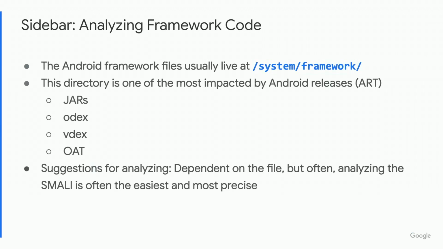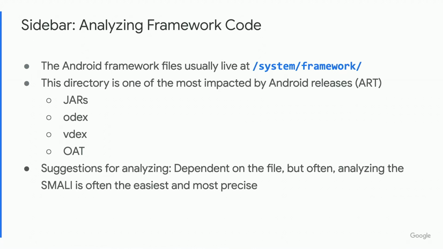So here's a sidebar. If you've been reverse engineering Android, working in user space apps, then you often haven't gotten into framework code. And so framework code can be a little bit intimidating to begin reverse engineering. So hopefully this can help. So first, framework code is generally living in the system/framework directory on the device. And it is probably one of the directories that changes the most with each new release of Android.